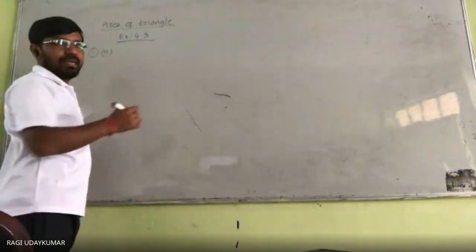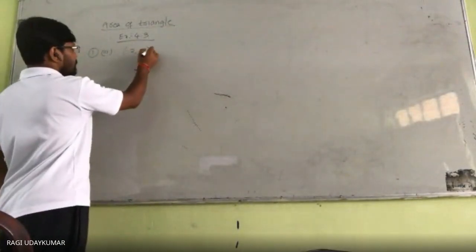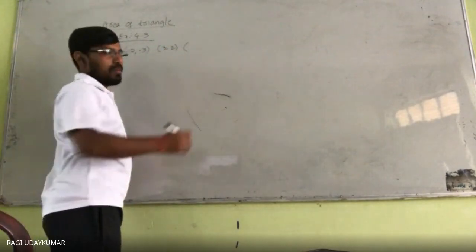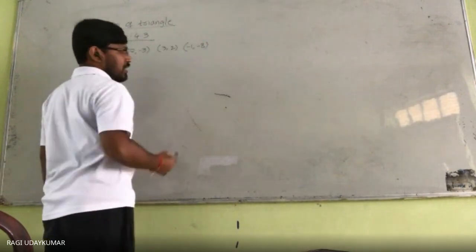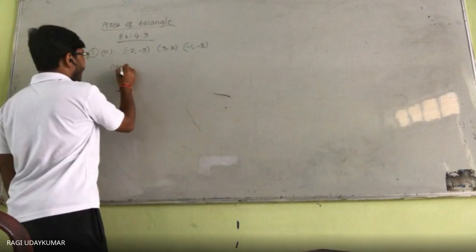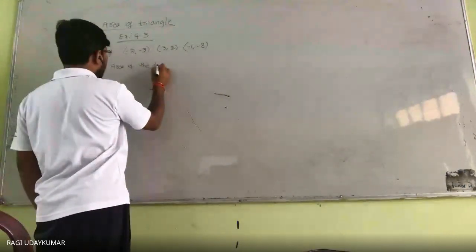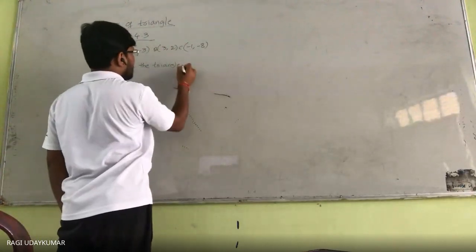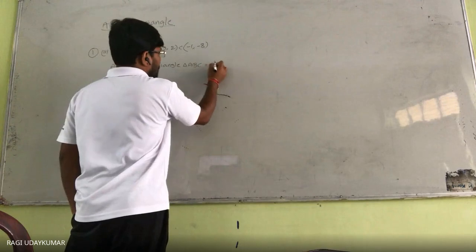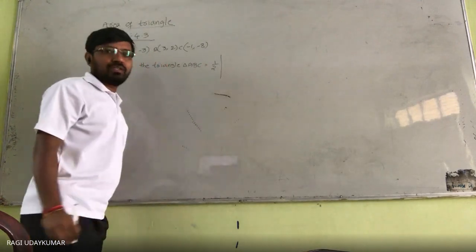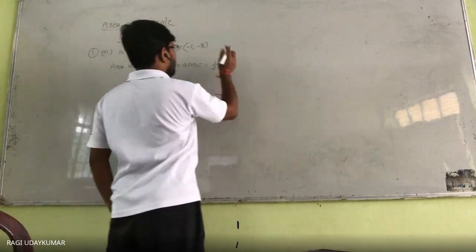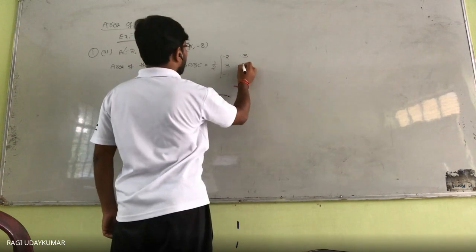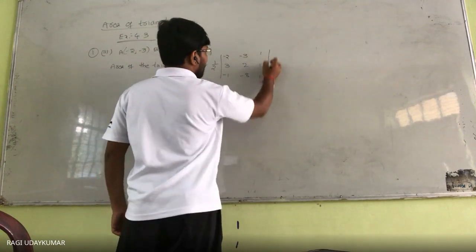Third question, you see: minus 2 comma minus 3, 3 comma 2, minus 1 comma minus 8. The area of the triangle, if you want, you can consider these points as triangle ABC, which is equal to half into the determinant of the matrix obtained by taking the x coordinates as the first column: minus 2, 3, minus 1; then minus 3, 2, minus 8; and 1, 1, 1.